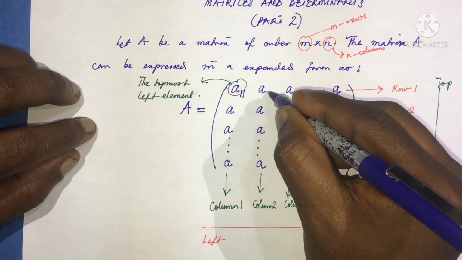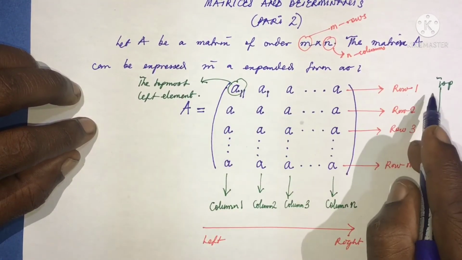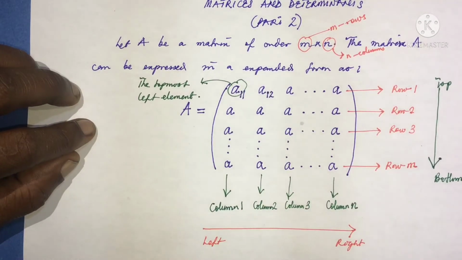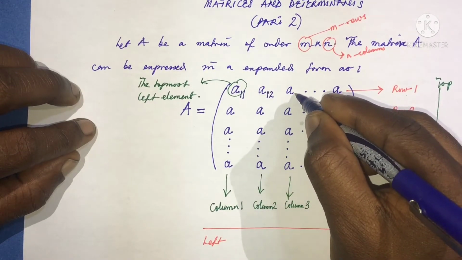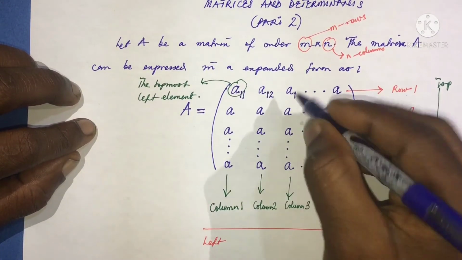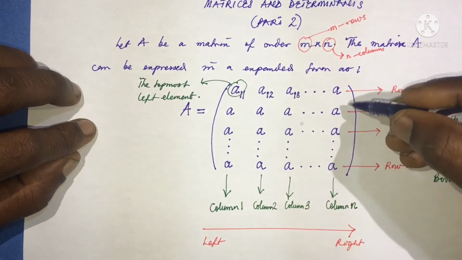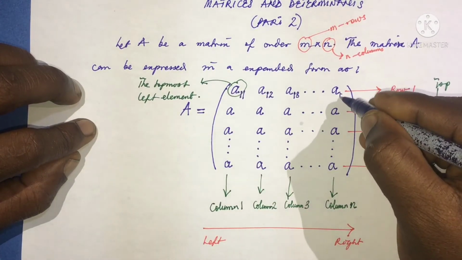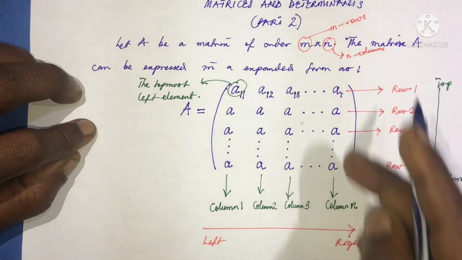The second element here finds itself in row 1, as you can see, but in column 2. The third element finds itself in row 1, but in column 3. So this last element here finds itself in row 1, but notice it is in column n.